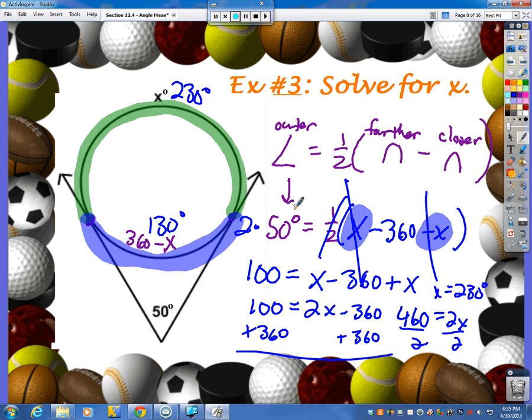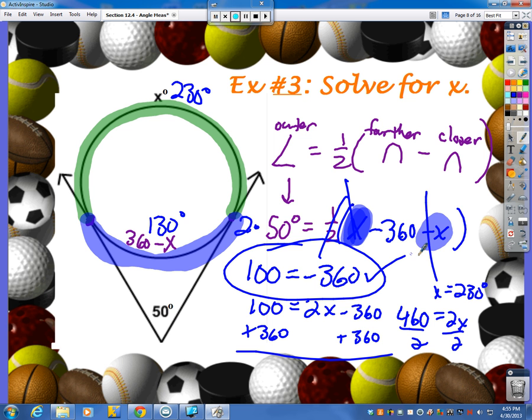Sweet. So what do we got here? 100 equals, what would be left over? Minus 360. Hey, there's nothing to solve, so that's my answer. No, you would eliminate your x's if you don't put the parentheses there. That's why they are important.